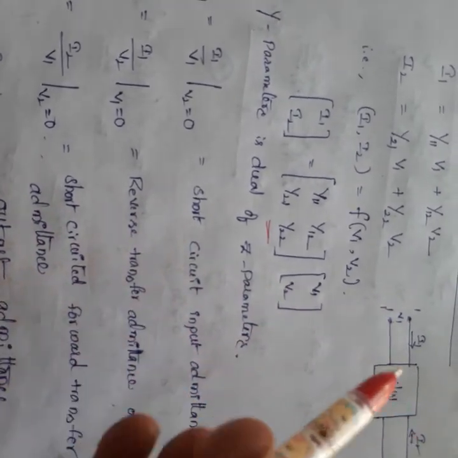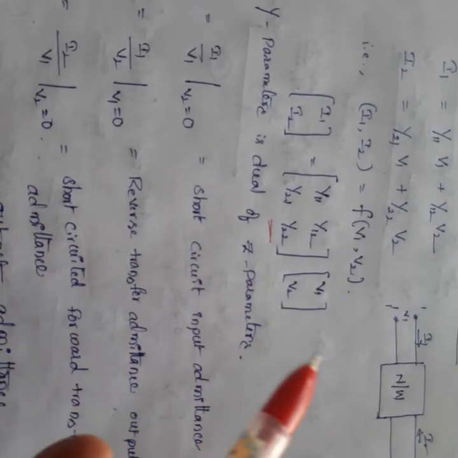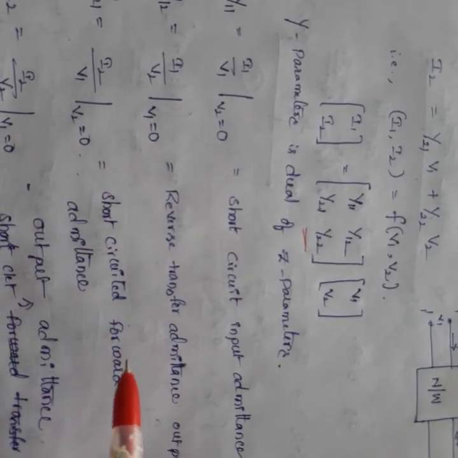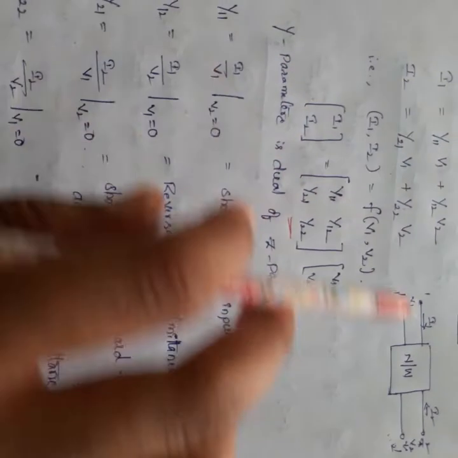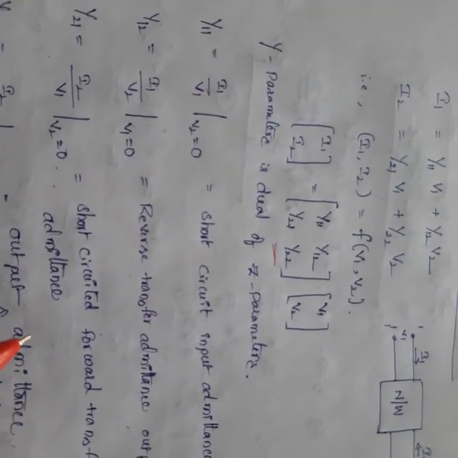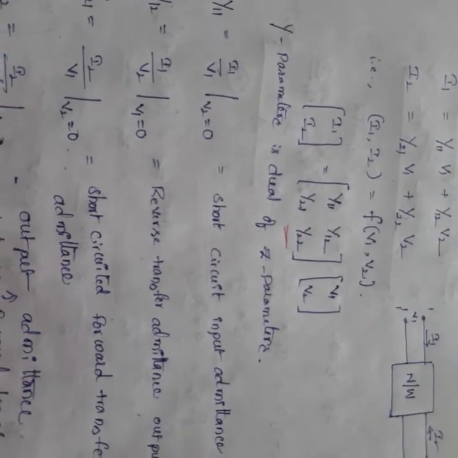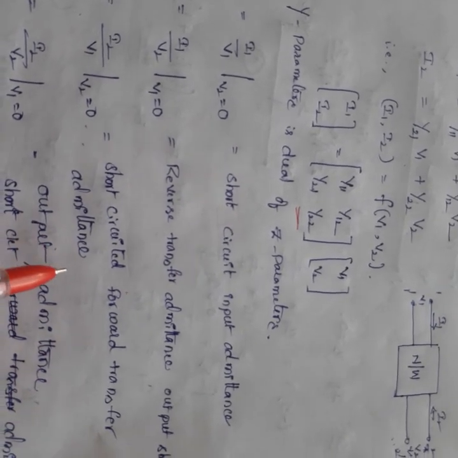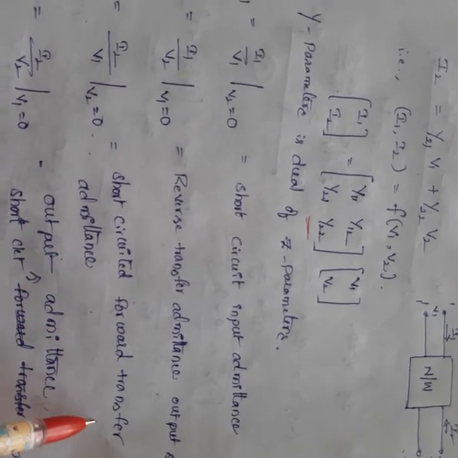So I2 by V1 with the short circuit is the forward transfer, so it is called the short circuit forward transfer admittance.